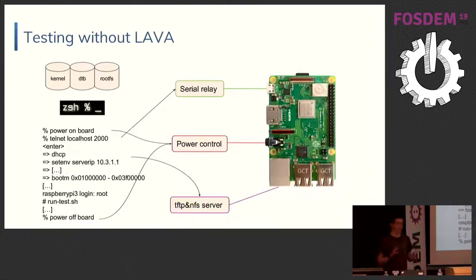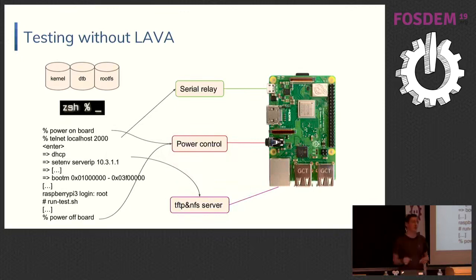So just to explain a bit more what it will do for you, if you want to test on a Raspberry Pi but without Lava, what you will usually do is first power on the board, using the power controller. Then you connect to the serial. If you have a serial relay, you will just do telnet something. Then you will see U-Boot starting, and you wait for it to stop at the boot.